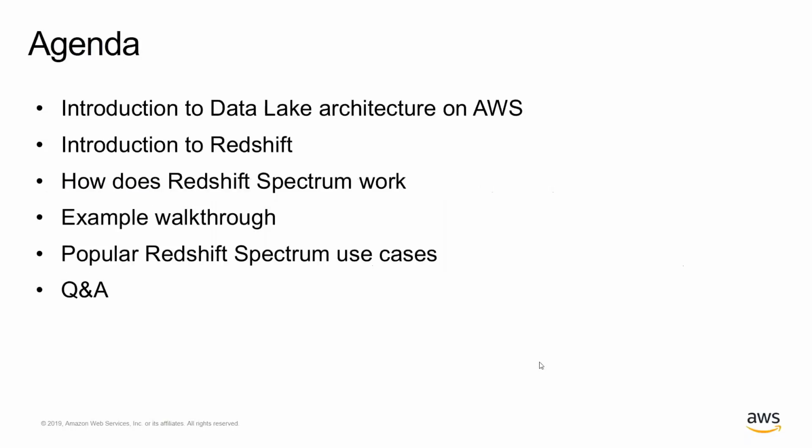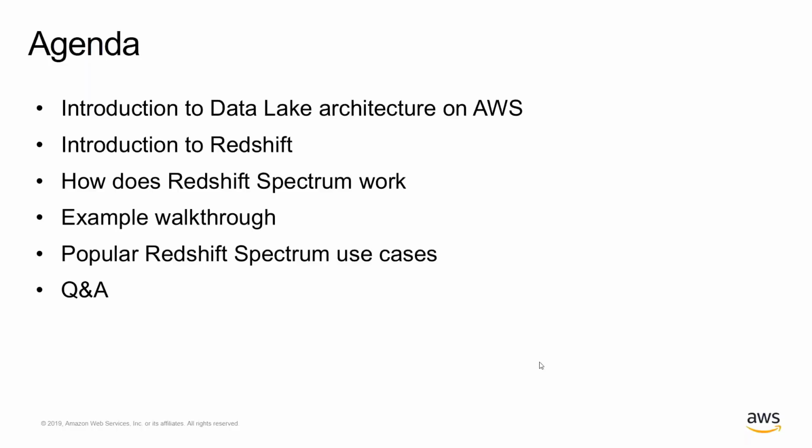So the agenda for this Tech Talk is we're going to talk about a data warehouse being extended itself into a data lake architecture. So what we're going to do is get an introduction for data lake architecture on AWS. From there, we will get a brief introduction of Redshift, which is AWS data warehouse service.